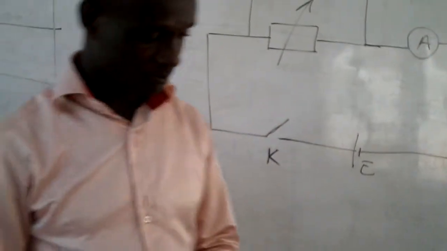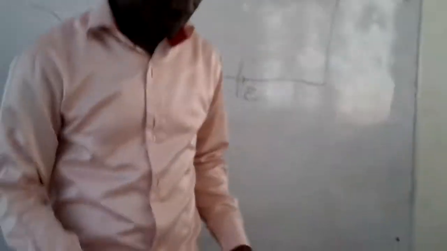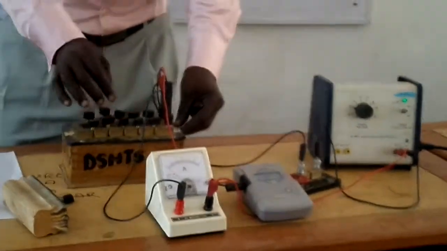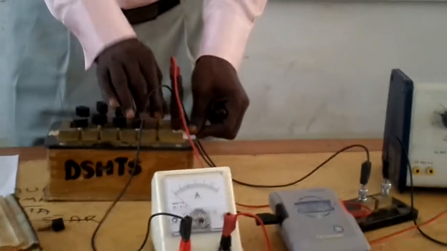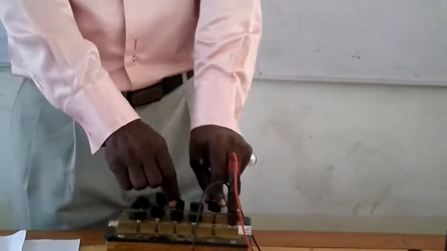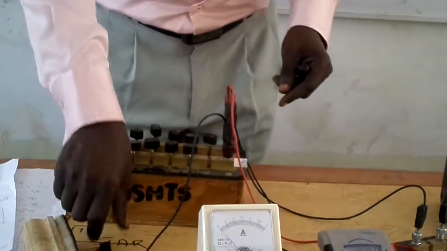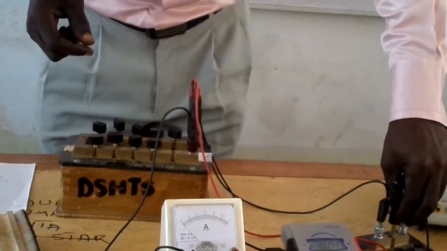Let us continue. Resistance box, if I remove 1 from the resistance box, it means we are using 1 ohm resistor. Let's first switch on the key.